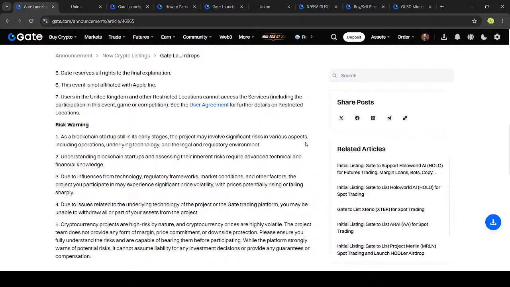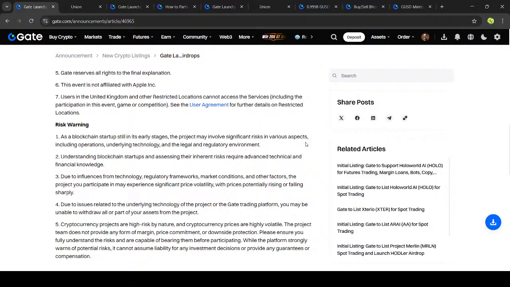Due to the influence of new technology, regulation framework, market conditions and other factors, participants may experience significant variation, with prices potentially rising and falling sharply, guys.